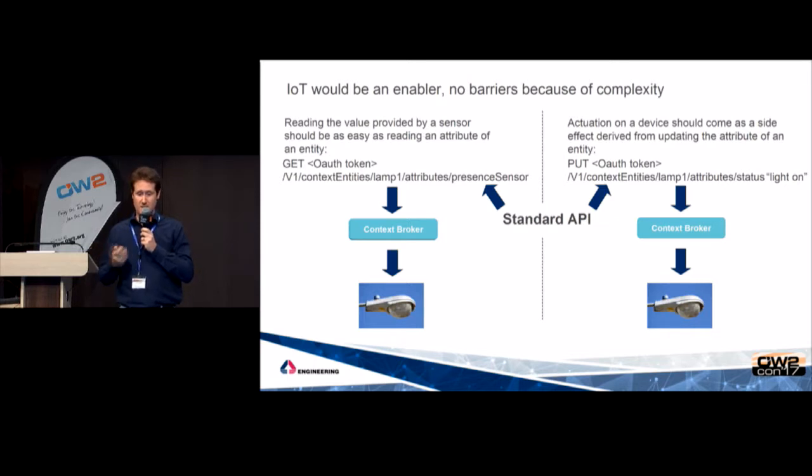And on the other side, if I want to change the state to provide an action through an IoT device, I should be able to perform this operation just by updating one attribute of an entity. And as a developer, I should not take care of the final IoT device that I'm connecting to. So the context information should be a layer where I can forget about the lower devices and the lower protocols.